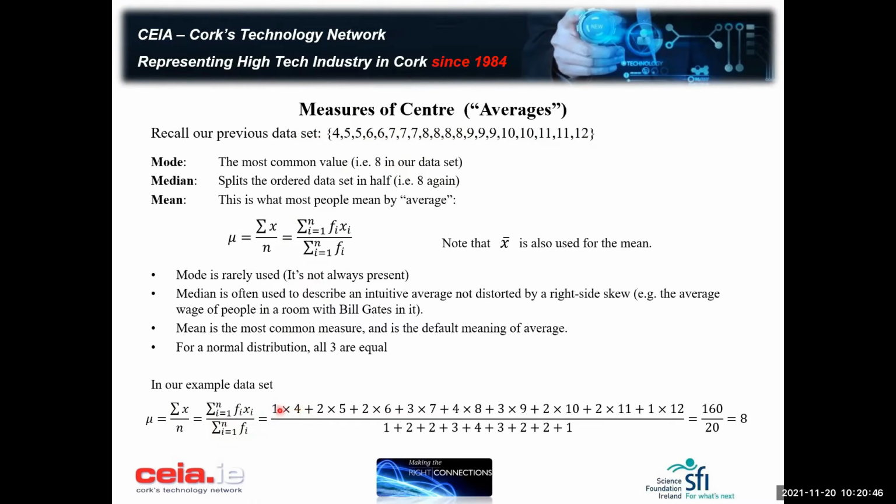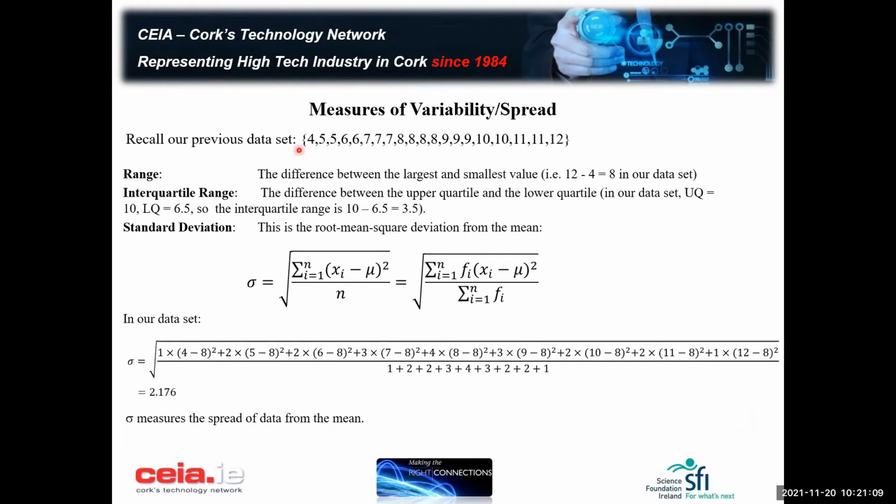That's to say, each data value by its frequency, and add those up, and then divide that by the sum of the frequencies. And in this case, it generates the value 8. So as I say, we'll be concentrating on the mean for the whole Leaving Cert course, actually.